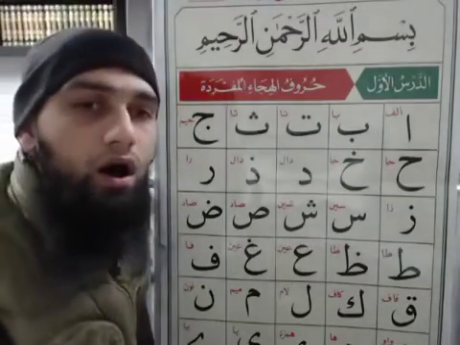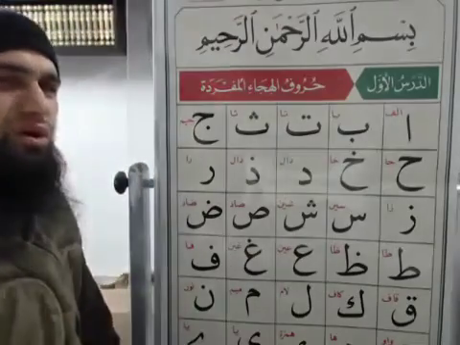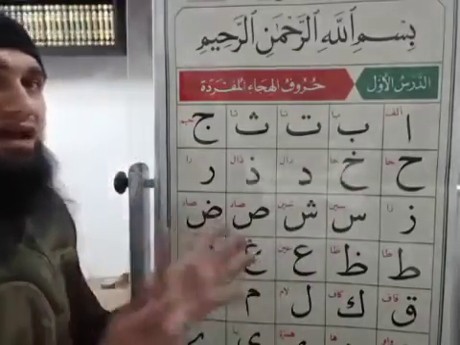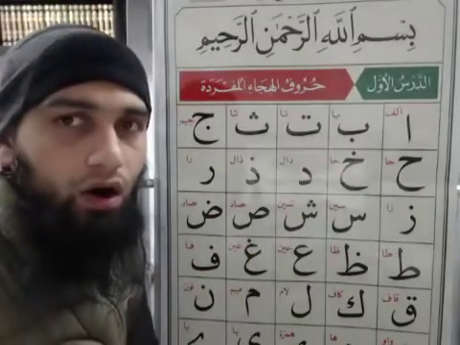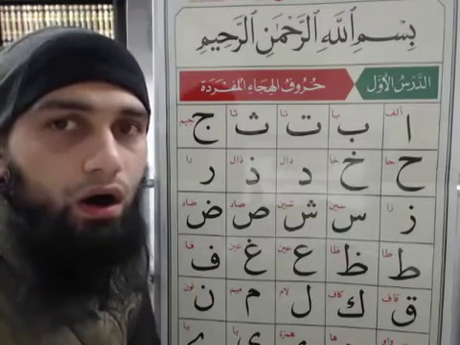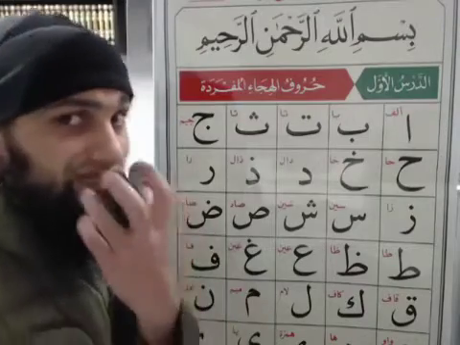Look, dry part of the throat. Ends with alif. Make it long, but it's a heavy sound, not light. Kha, kha, kha, kha, kha. You see how I'm keeping the sound inside the mouth? It's heavy.